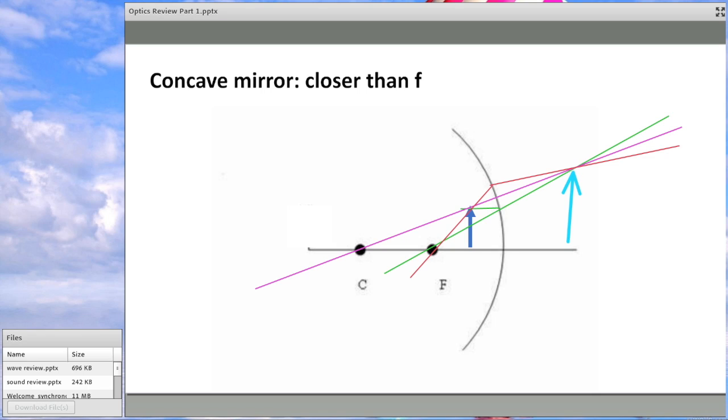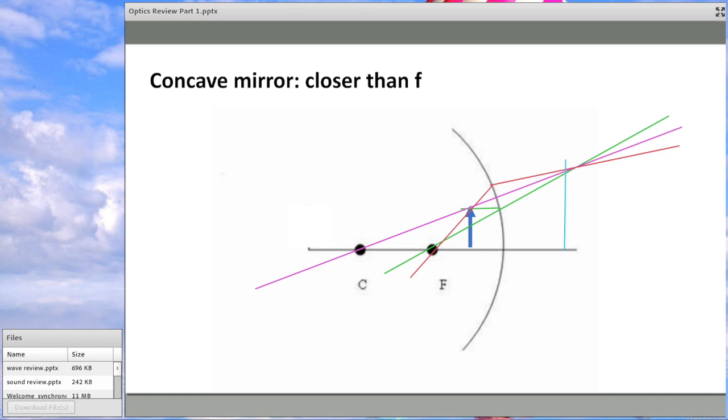I would have some students draw this. I'll show you. They would draw kind of like this. I'm like, okay, that's nice, but where is the top of your arrow? Where's the top of your image? Is it right side up or upside down? If you just have a line there, we don't know if it's upside down or right side up.